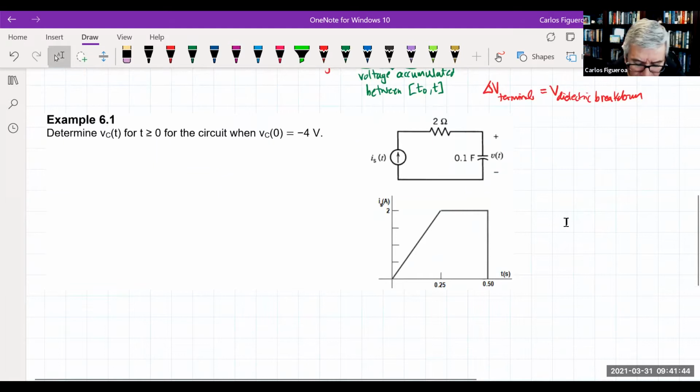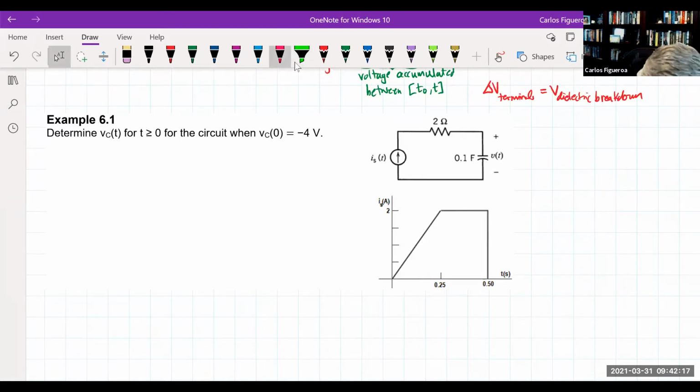So what you have here is that we're looking at the voltage across the capacitor, which is a 0.1 farad capacitor. And you could see that I have a current source in series with the capacitor. So clearly the current of the source is going to tell us how the capacitor will build up charge and therefore build up the voltage here.